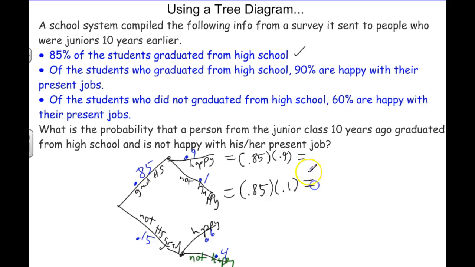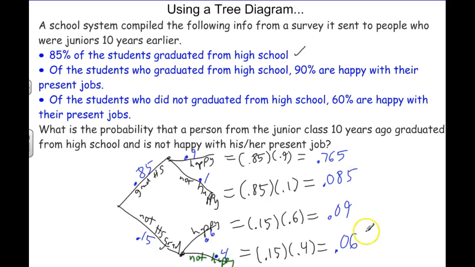To figure out the probability of not graduating high school and still being happy, it's 0.15 times 0.6. I think if you graduate high school, you've got a better chance to be happy, it sounds like. And finally, not graduating high school and not being happy, that's not a good situation: 0.15 times 0.4. So type those in your calculator.